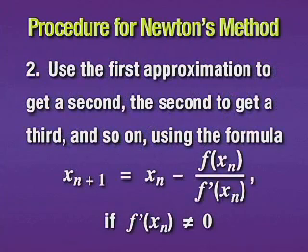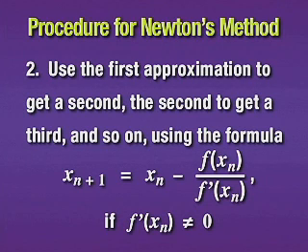Step 2, use the first approximation to get a second, the second to get a third, and so on, using the formula x sub n plus 1 equals x sub n minus f of x sub n divided by f prime of x sub n. That's provided f prime of x_n is not equal to 0. Of course, if this is equal to 0, then this whole expression is undefined.